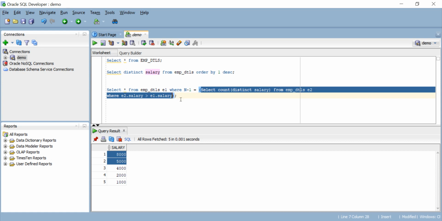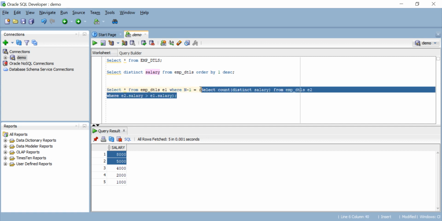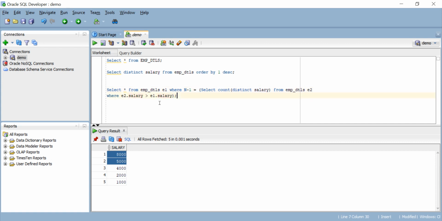So let us suppose what happens in a correlated subquery: for each and every record of the outer query, the whole of the subquery, all the datasets of the subquery, are run and executed. So suppose we have E1 dot salary as 8,000 for the first round. Let us replace E1 dot salary with 8,000.